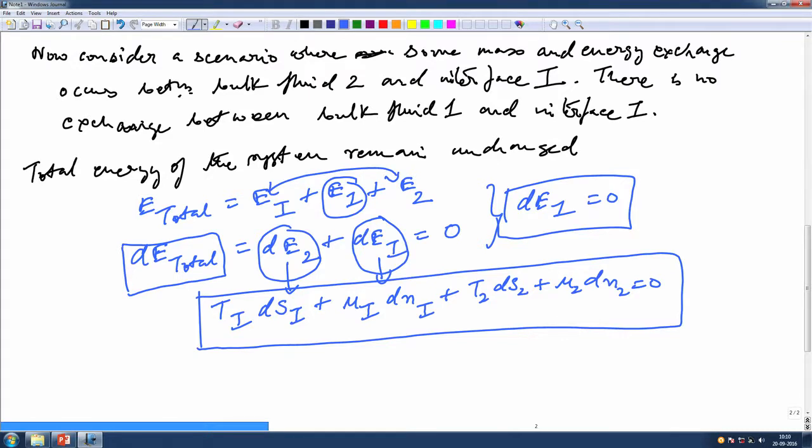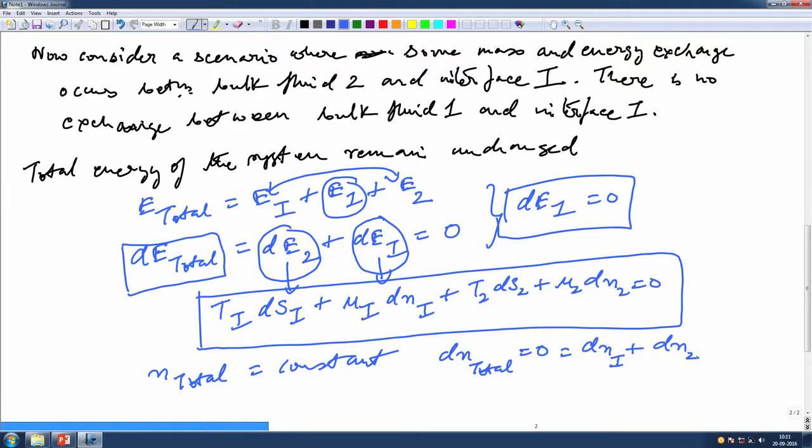Now, since mass and energy both are exchanged, so there will be a change in the number of moles also, though the total number of moles in the system remains constant, right. N total is basically a constant, is not that so? Because the total number of moles cannot change, it is like a mass conservation. So, here of course, dN total is equal to 0, and this 0 is brought about by this dNI plus dN2.